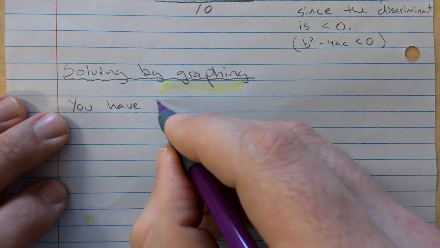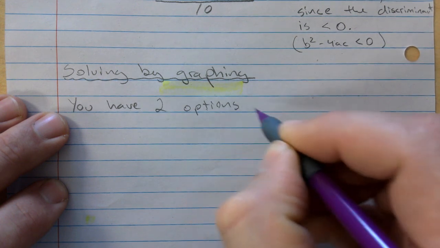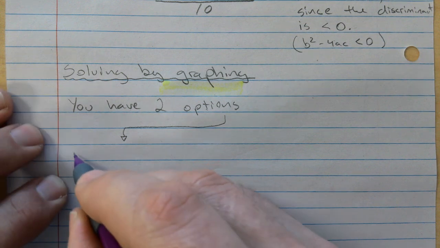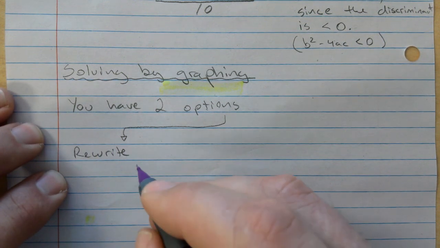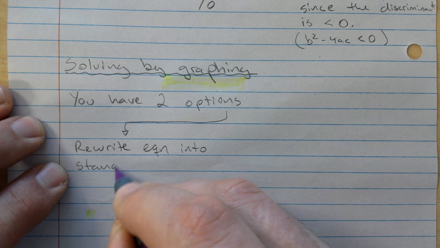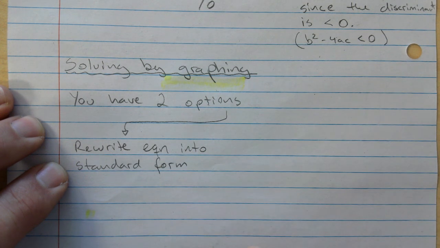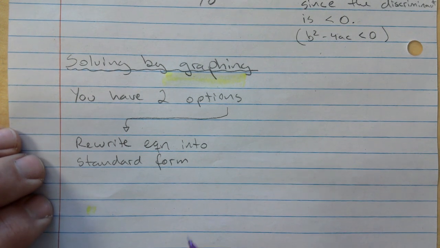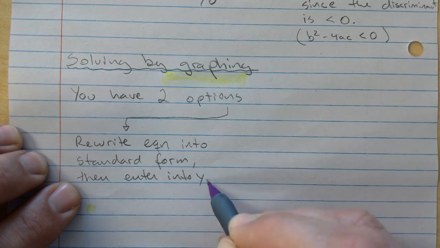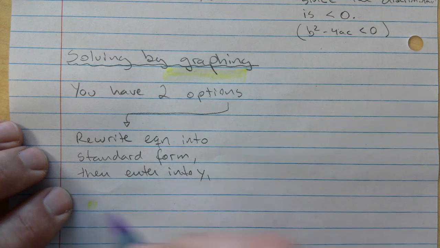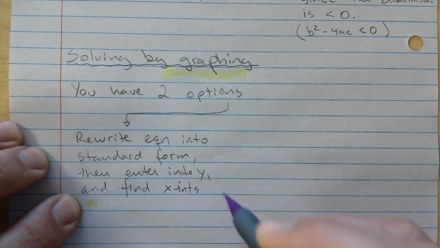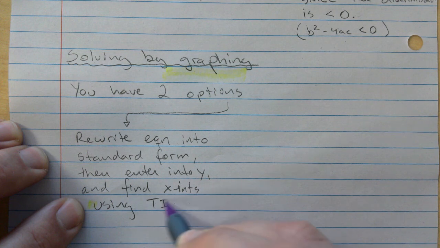You have two options. First option is to rewrite the equation into standard form, then enter it into y1 and find the x-intercepts using the TI-84.